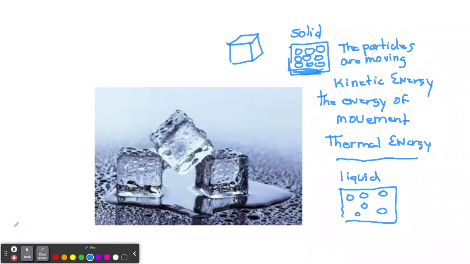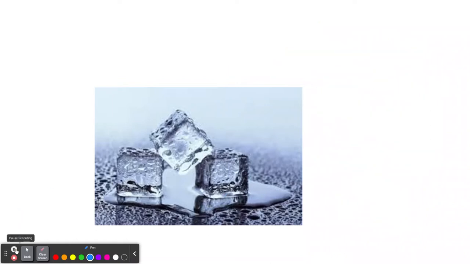Let's get a better diagram of that. So remember the states of matter. And there's more than these four. Actually, there's states in between, but we're just going to talk about these right now.